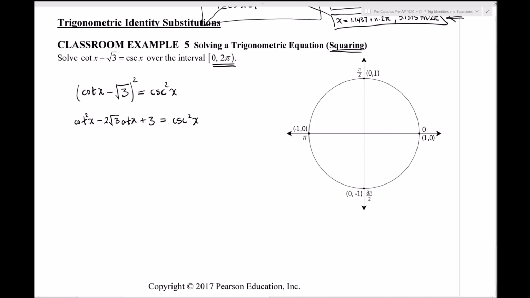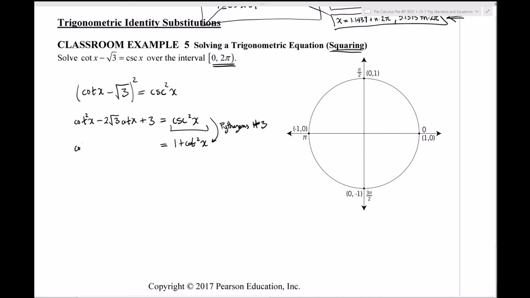Because I can rewrite a cosecant squared in terms of a cotangent squared. If you remember, cosecant squared is the same as 1 plus cotangent squared. That's just a Pythagorean identity. So that's Pythagoras number 3, usually how we order that.